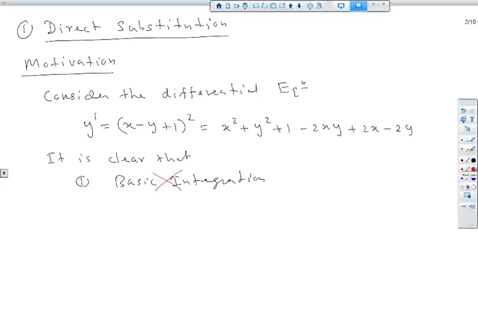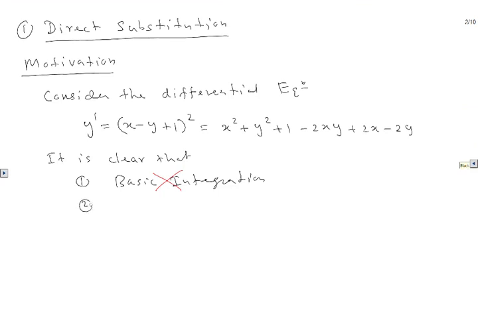And is it separable? Can you separate the right hand side as a product of an x function and a y function alone? You can see that you cannot, so this is not separable.